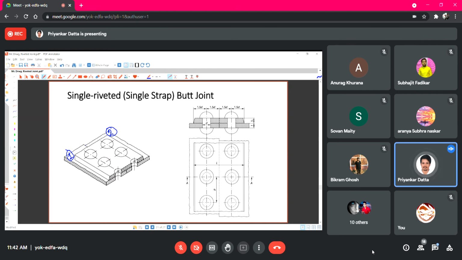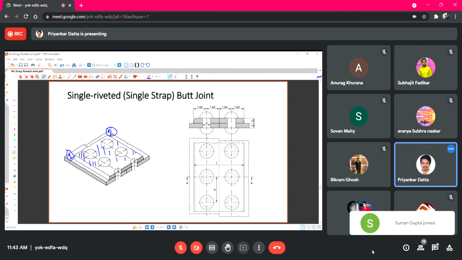And above that one strap is attached. This part is one strap, a plate that is placed over both the original plates 1 and 2, and through that the holes are created so that we can pass rivets through those holes and join them.